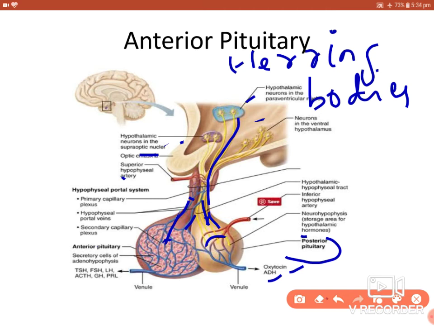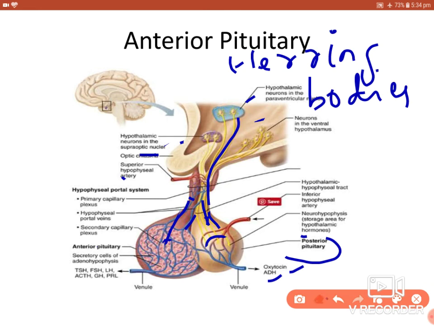Vasopressin conserves water and reduces urine and sweating, and also causes constriction of blood vessels and increases BP, acting on the kidneys. Oxytocin acts on the uterus, causing contraction, so it can be used to induce labor, and also helps the contraction of the myoepithelial cells in the acini of the mammary gland, which helps the ejection of milk.